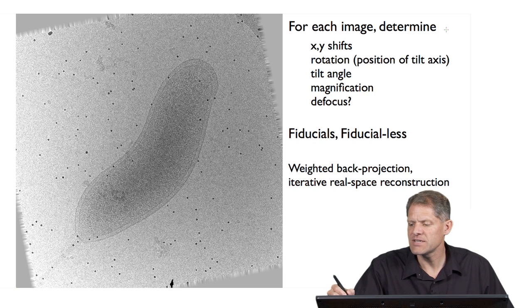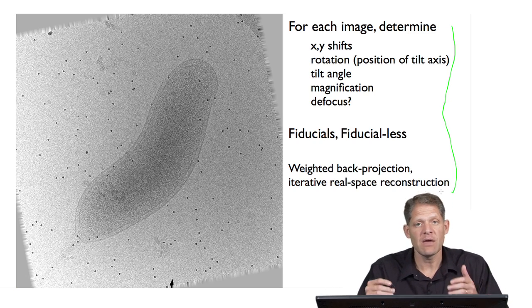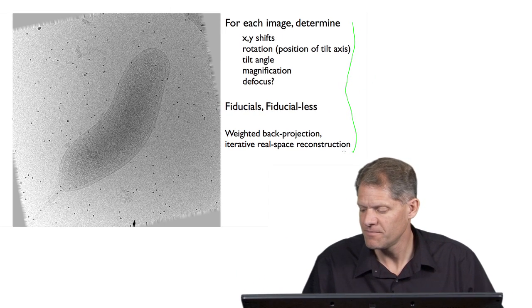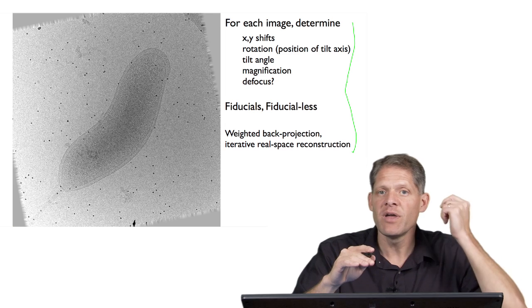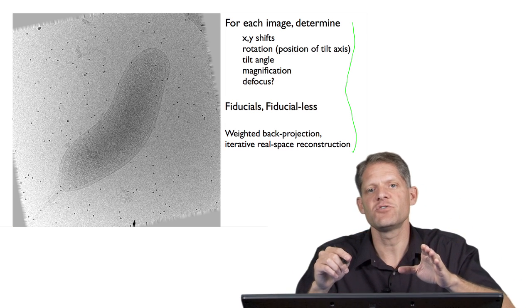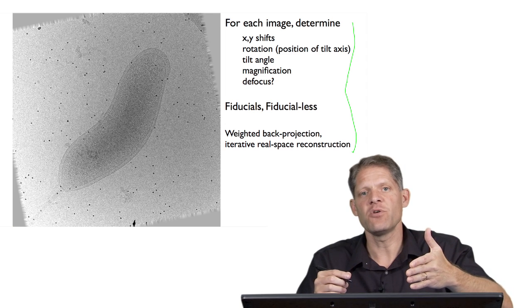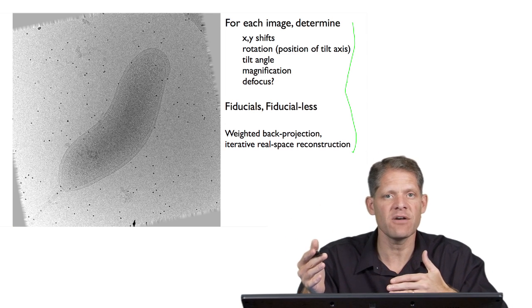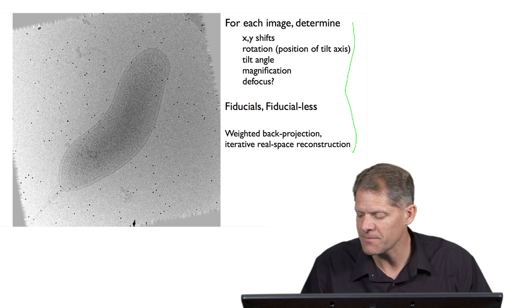And this whole process of image alignment and then reconstruction can also be done automatically, so that once the user inserts the grid into the microscope and chooses the targets of interest on the low mag atlas, then the microscope can record the images and the computers can align the images and calculate the reconstruction all automatically.